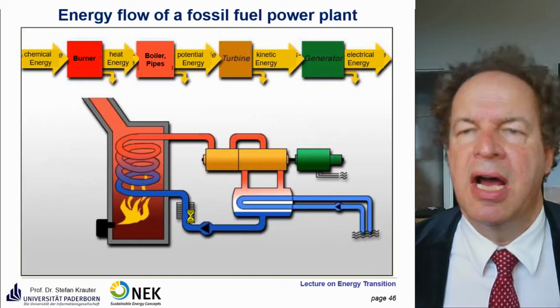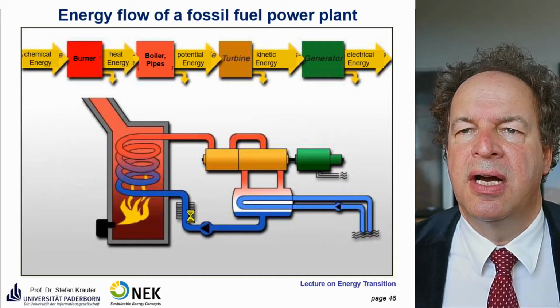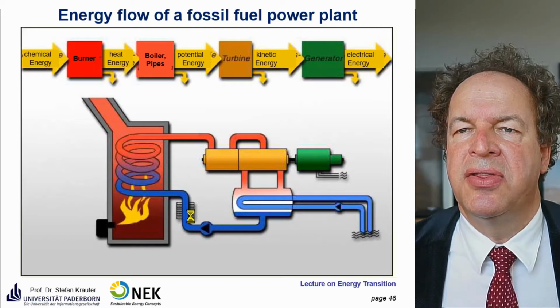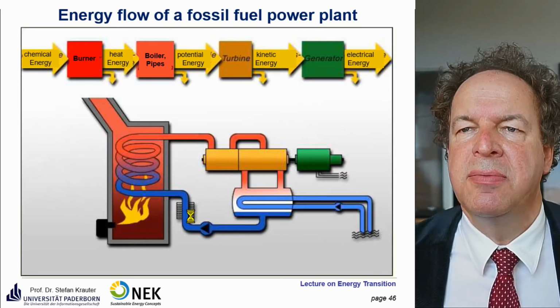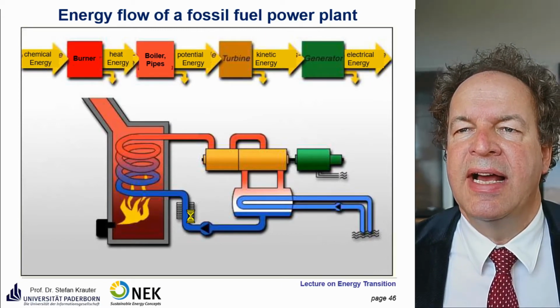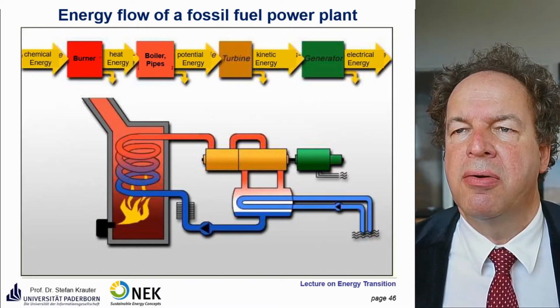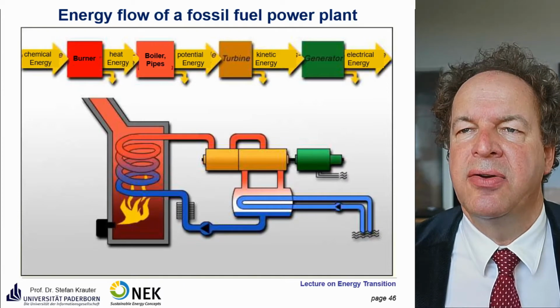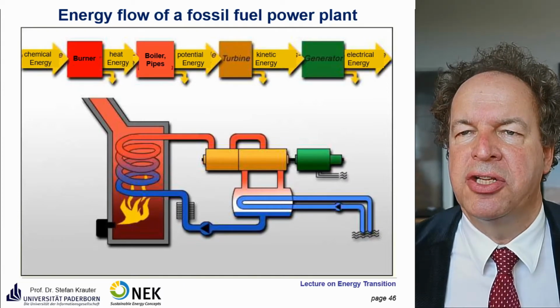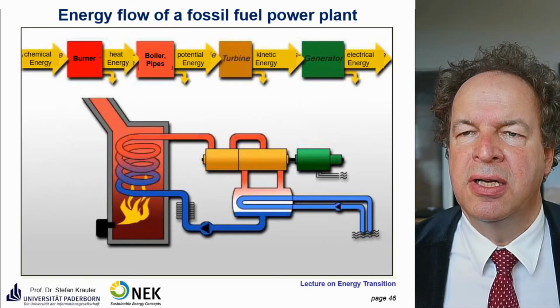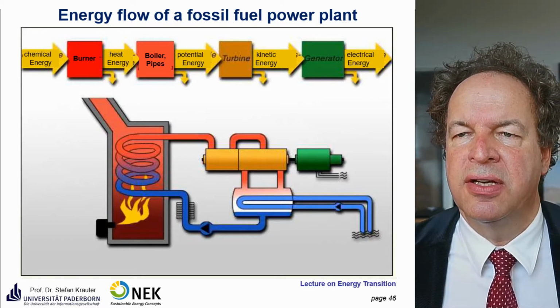Then you have the remaining heat energy which goes to the boiler, and this is converted into steam. This goes into a turbine, and this kinetic energy goes into a generator, and then you have your desired electrical energy. All these steps are related to some losses depending on the layout of the whole system.